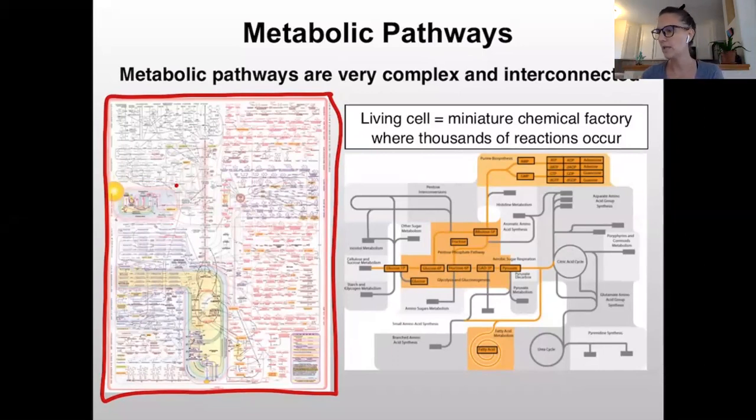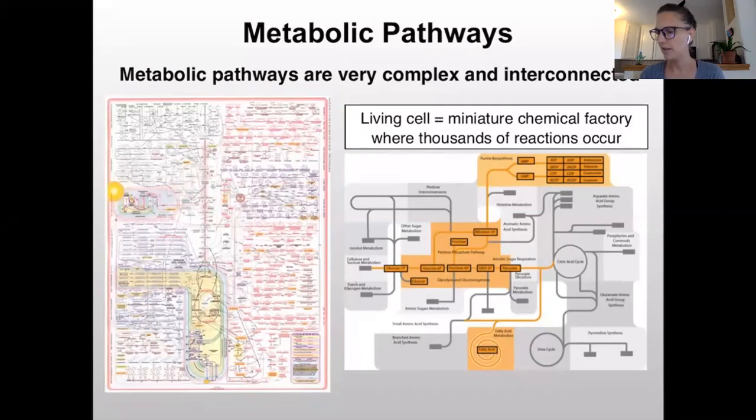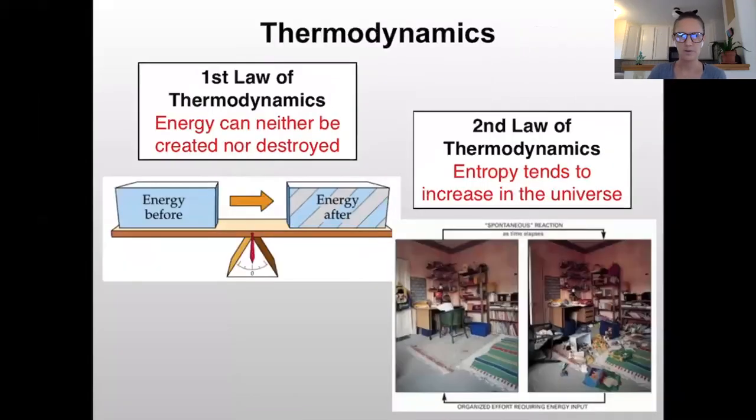But this always helps me think that every time we are dealing with a living cell, each cell really is a miniature chemical factory with thousands of reactions occurring at one point, right? So this is kind of a blow up of part of the reactions that you guys are going to know. But just remember that metabolism really is all of those occurring at the same time, right?